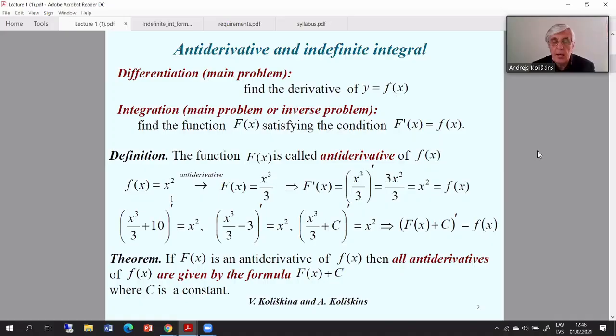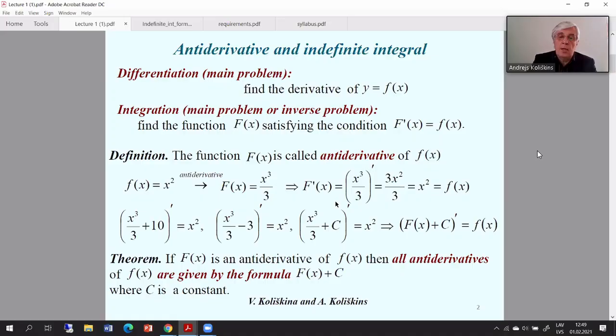If you take the function x cubed divided by 3, and if you differentiate it using the usual rules of differentiation, the constant is taken out, the derivative of x cubed is 3x squared, so 3 is canceled out, and you get x squared. Okay? So at least this simple calculation shows that the function x cubed divided by 3 is one of the possible functions such that its derivative is equal to x squared.